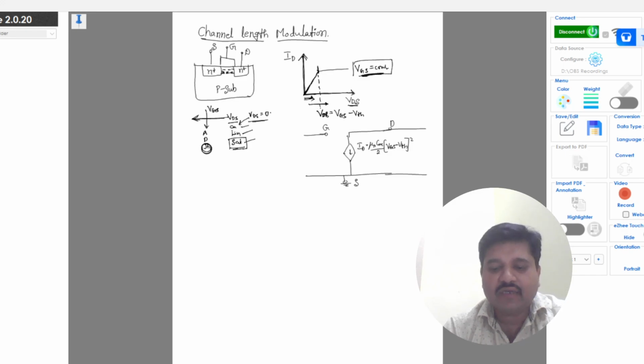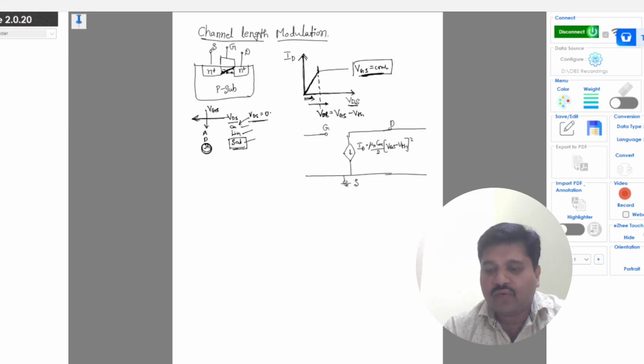The channel is at pinch off. This is pinch off, that means the channel is already modified. As the current is increasing in the linear region of VDS, the channel has started changing its dimension, or the length of the channel has been modified.